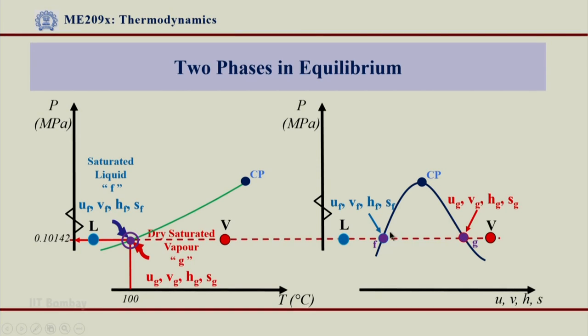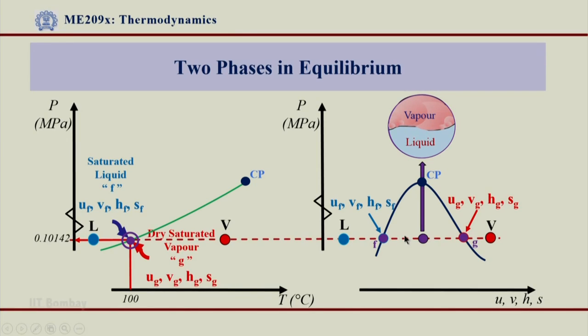So, this enthalpy difference actually shows the latent heat associated with this phase transformation, and it will be different at different pressures. At 1 atmosphere we have got a latent heat of water at 1 atmosphere. As you go up the top, this latent heat will start decreasing. The point to be noted is, in the steam table now we will have values for saturated liquid region with F as subscript, we will have properties at saturated gas region with the subscript G, and any point in between this F and G actually is a two phase mixture.